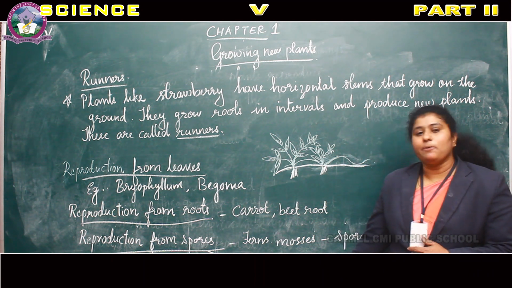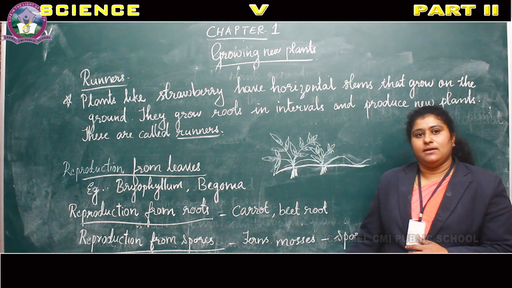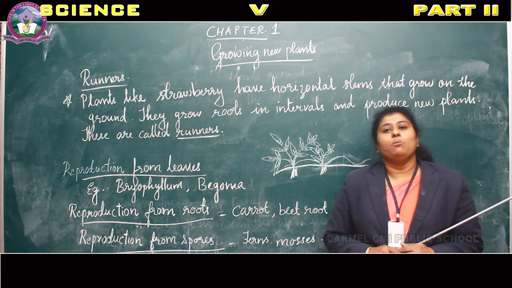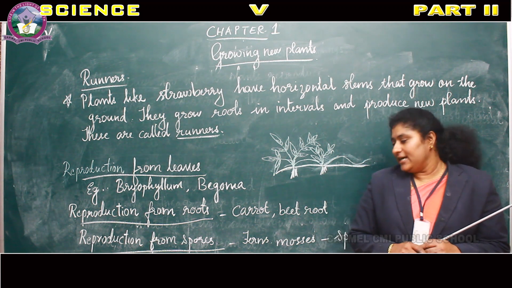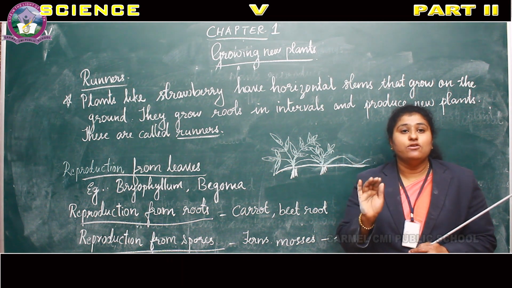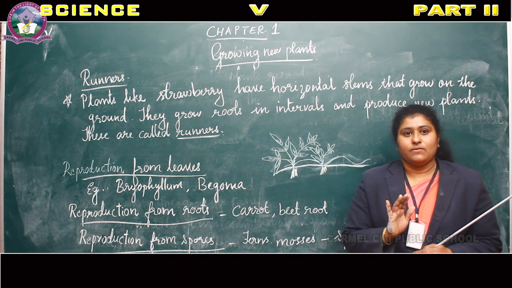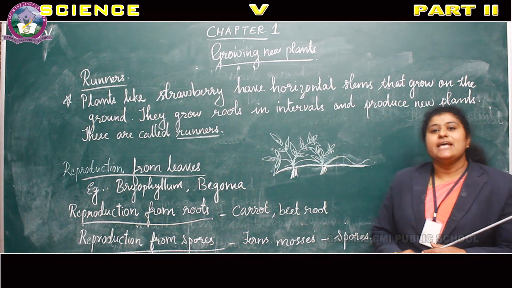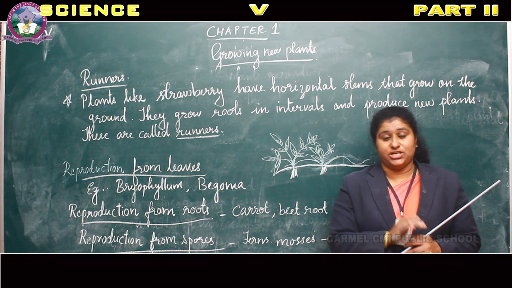Next is reproduction from spores. Plants like mosses, ferns, etc. do not have flowers, fruits or seeds. These plants have some special structures.